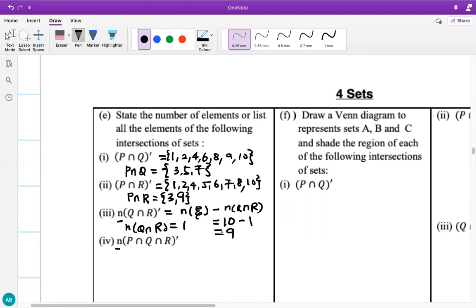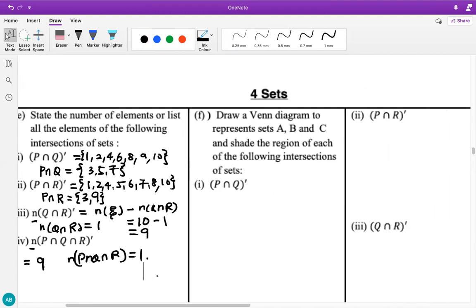So you double check. There are elements 1 until 10. So 1, 2, 3, 4, 5, 6, 7, 8, 9, 10. So there are 10 elements in the universal set. You minus 1, you get 9. And then the number of P intersect Q intersect R prime is also 9, because the number of P intersect Q intersect R is 1. So therefore you get the same value.